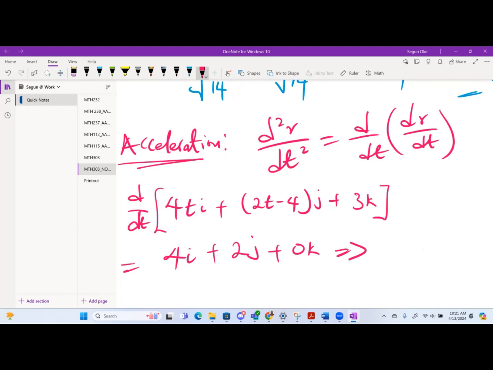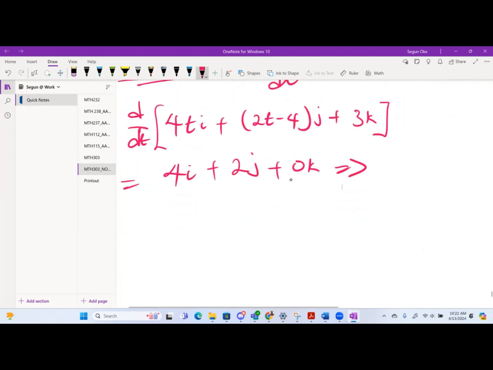So don't forget it. Can we proceed now? We have the same process we did the other time. We already know the unit vector. We multiply the component by the unit vector.